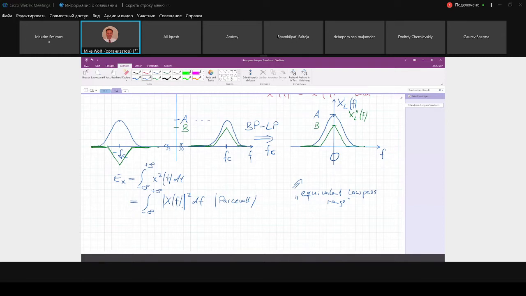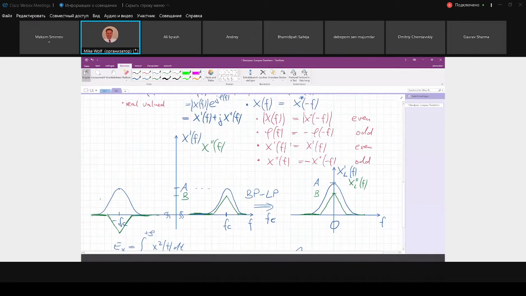And now you say, okay, if I only take a look at the right-hand side because I delete the left-hand side, yeah, I see the contribution. Look here, X(f) is an even function. The magnitude of X(f) is an even function. So if I put a square here and a square here, it's still even.